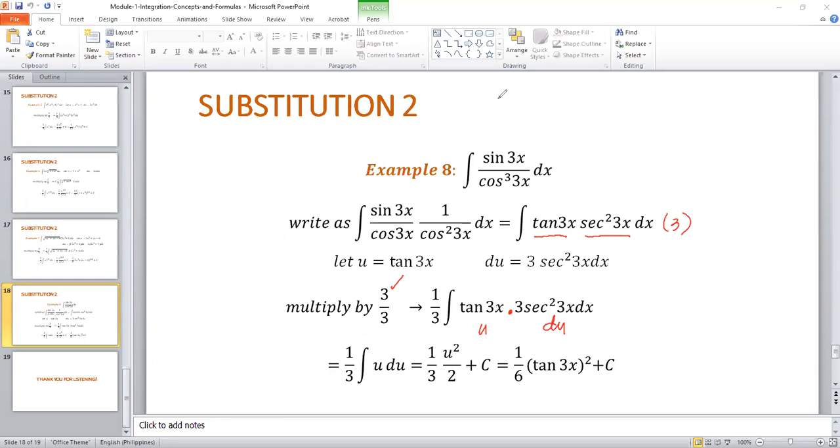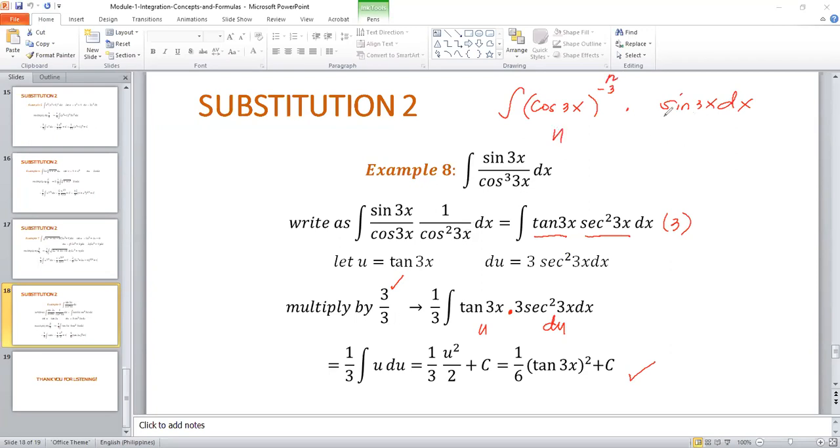Another way of doing this is very simple. So this could be an answer. Another way is you have cosine of 3x raised to negative 3, times the sine of 3x dx. If I use the power rule, in this case, this is my u and this is my n.